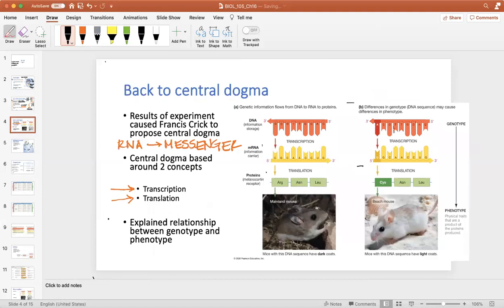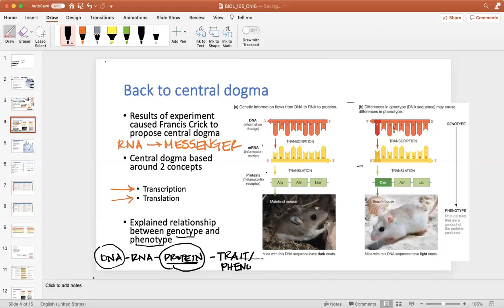What Francis Crick was saying was that the idea that DNA codes for RNA, which then gets translated into protein, he understood that these proteins explain the relationship between genotypes and phenotypes. Your genotype is in your DNA. It results in a protein, and that protein ultimately results in what you see as a phenotype or a trait. I'm going to put trait/phenotype.